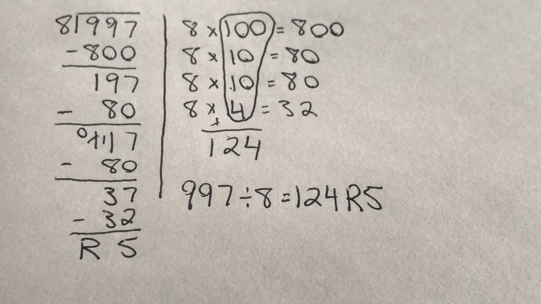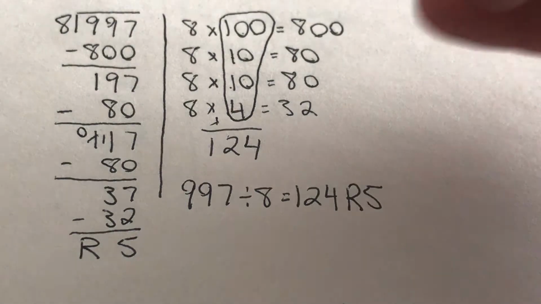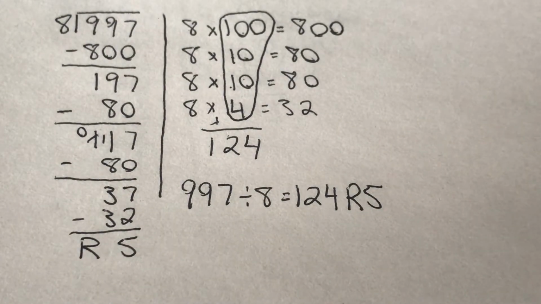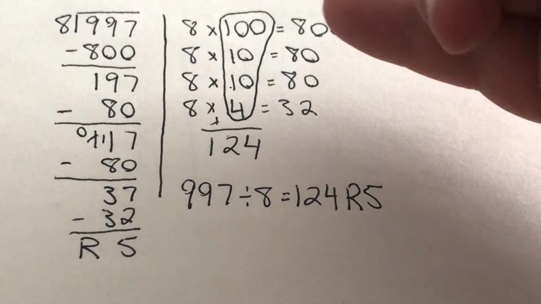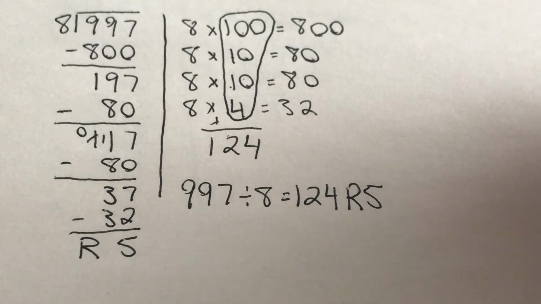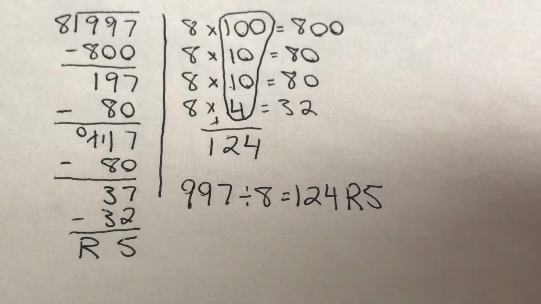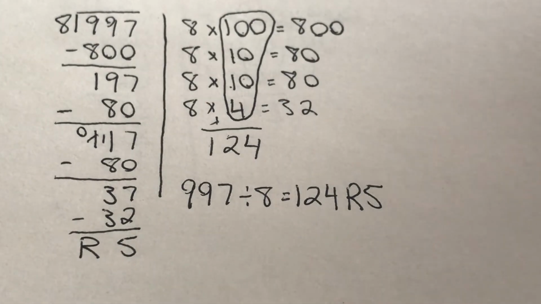Now please take a minute and notice that each time I was just subtracting 80 because I knew right off the bat quickly that 8 times 10 was 80. I could have said, well, 8 times 20 is 160. That would have made it shorter. In the same respect, you could have done 8 times 1 from the beginning and just made the problem really long, but you still would have arrived at the same answer eventually.